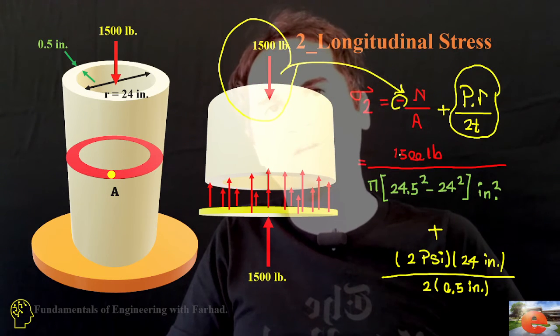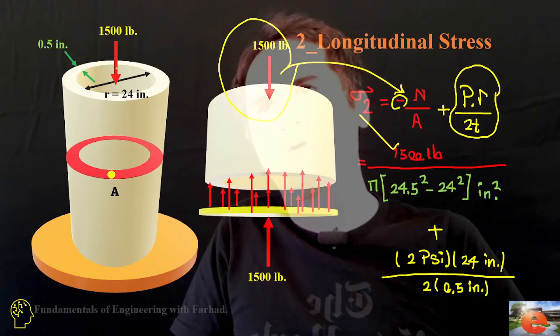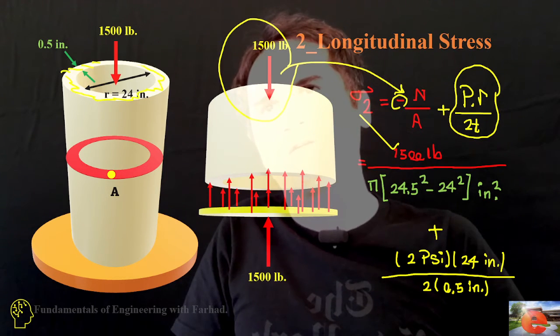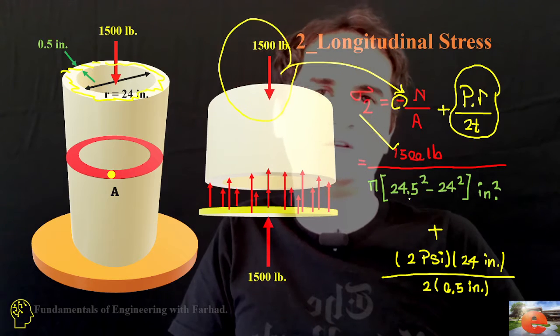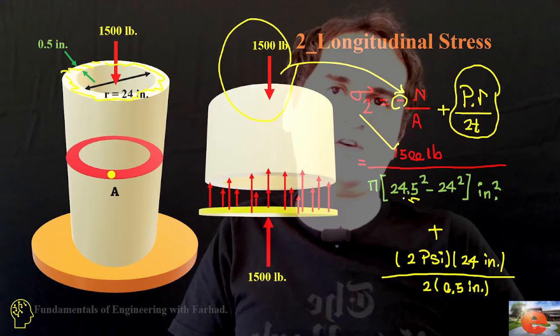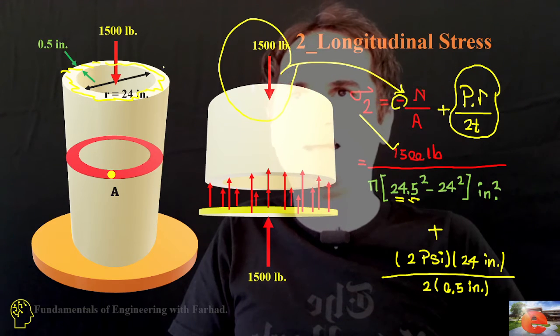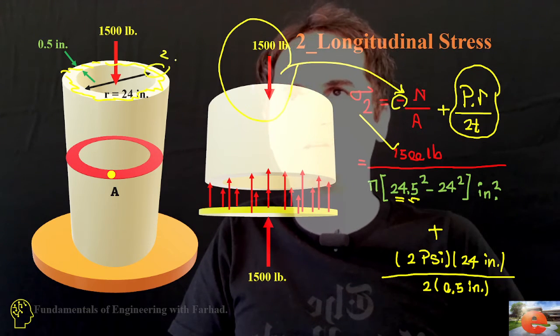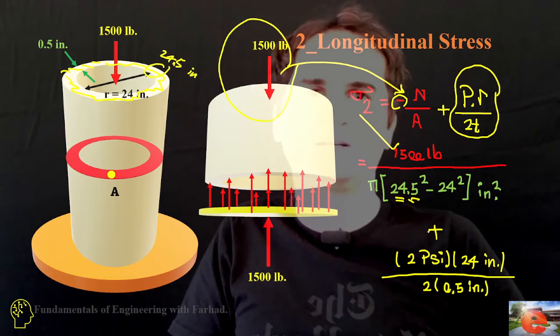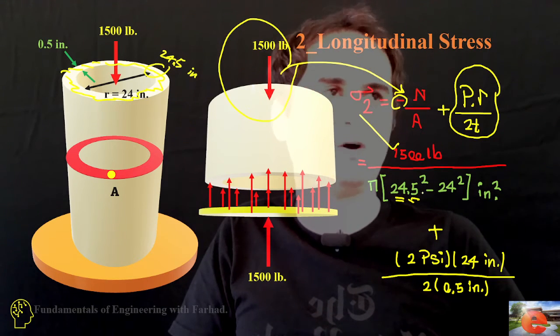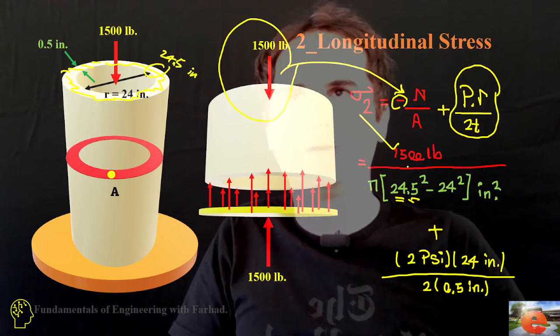The first one is 1500 pounds, which applies at this narrow strip of area. If the thickness is 0.5 and the inner radius is 24, then adding the thickness gives 24.5 for the external radius, and pi r squared is the area, minus the internal one.